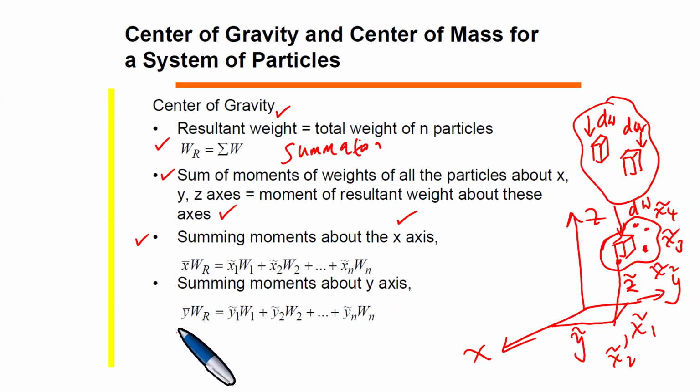You take the y bar times w subscript r. And what is the meaning of this? This tells us that we're dealing with the y component of the centroid. It is therefore times the resultant weight, which is y1 tilde w1, plus y2 tilde w2, plus dot, dot, dot, yn tilde wn. All right. We continue.